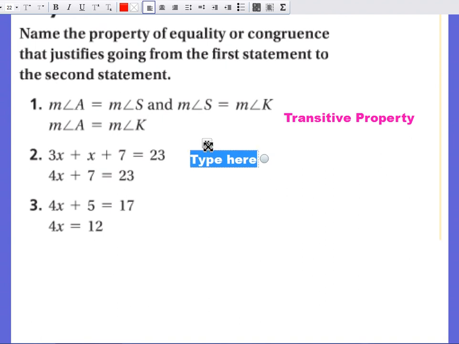When you are doing your proofs, if you were going from this step to this step, I would be perfectly happy with you putting something like simplify. Or, how did we get that simplification? We added. So you could put addition property if you want to get all fancy. I'm fine with either. If you're combining like terms, simplifying, just tell me what you did. I added, so it's the addition property.